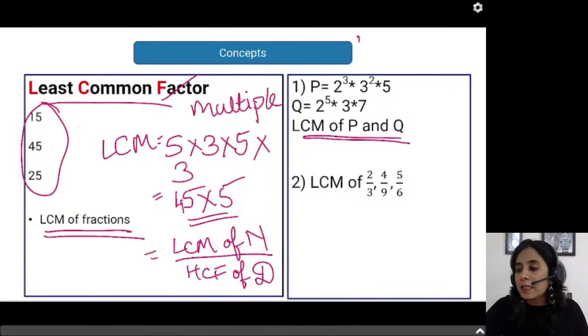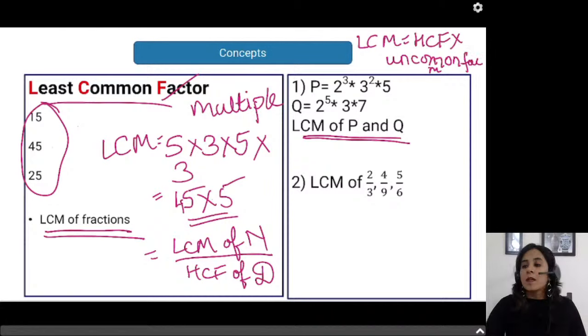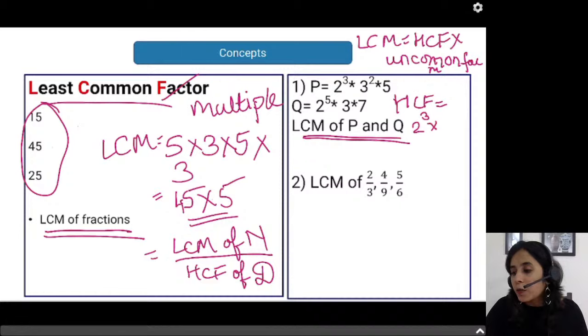Guys, LCM is nothing but HCF into the uncommon factors. So here we have the HCF of P and Q as 2 to the power 3 into 3, which is 24.